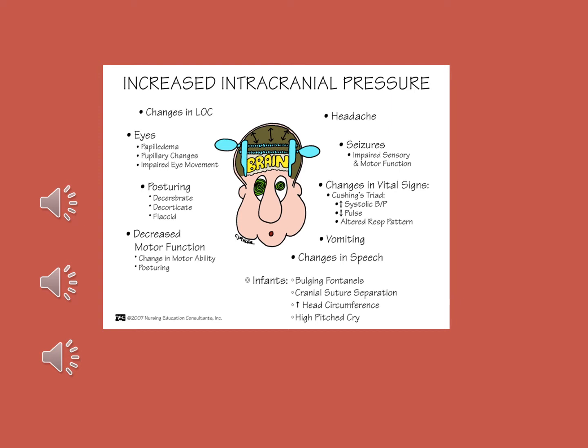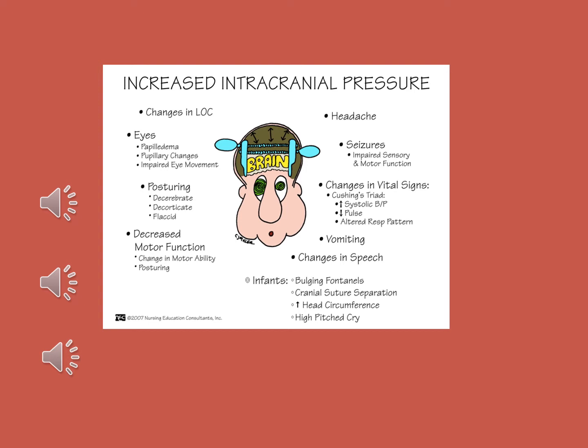Because how should it be? It should be fairly flat or just slightly depressed. It should be soft. We don't want it bulging and tense because that tells us increased ICP. Something's changing. Sometimes it's harder to tell in infants, because they can compensate for a while since their cranial sutures aren't closed, before you start to see more signs and symptoms of increased ICP.